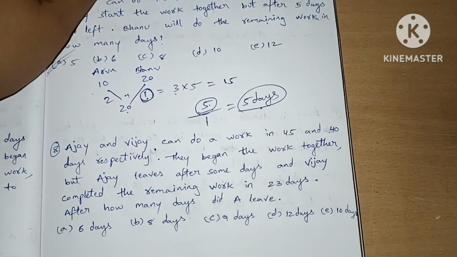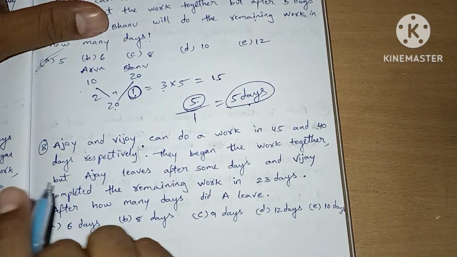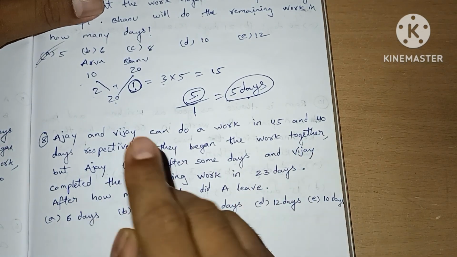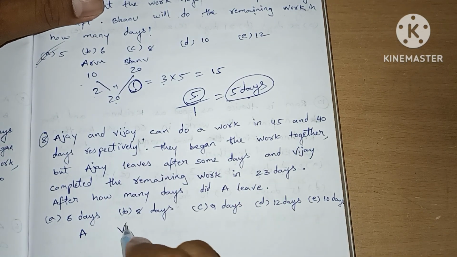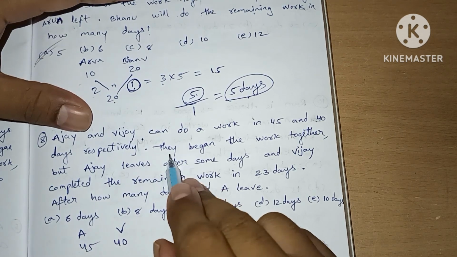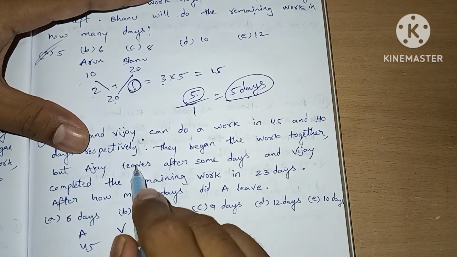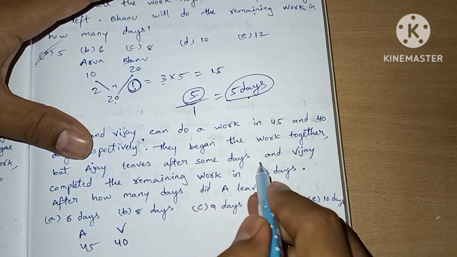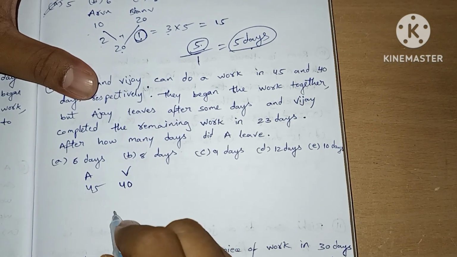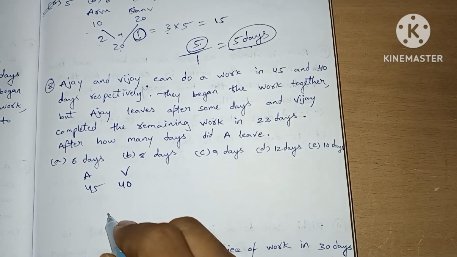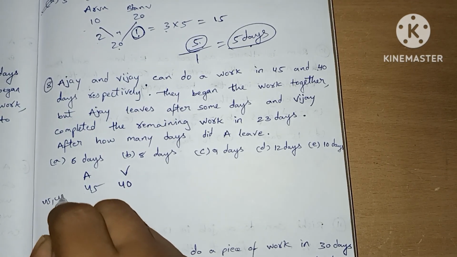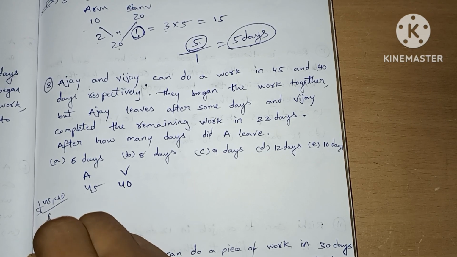Next, 8th question. Ajay and Vijay can do a work in 45 and 40 days respectively. They began the work together, but Ajay leaves after some days. Okay, first we need to take the LCM of these two. 45 is 5 × 9, 40 is 5 × 8.